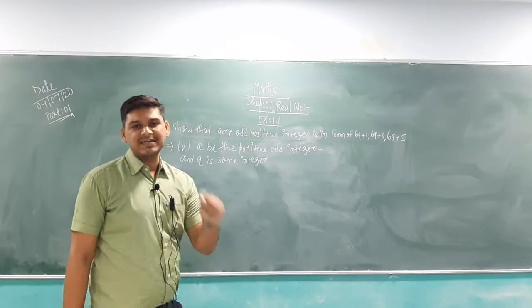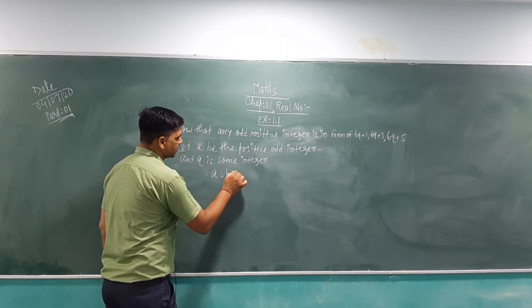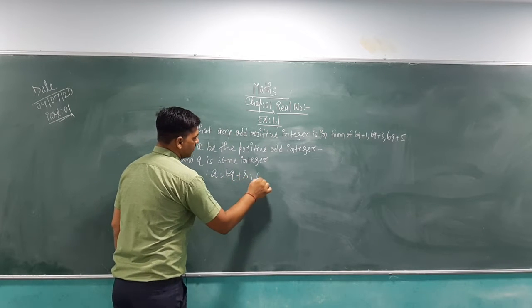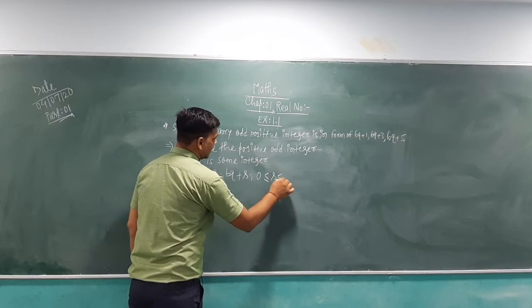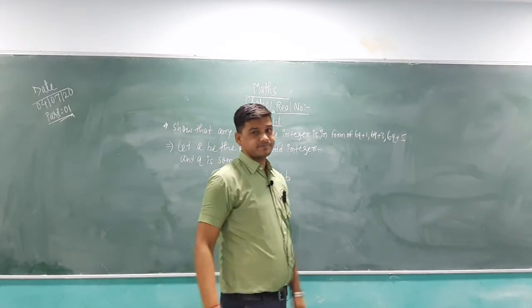What is the standard Euclid's lemma? According to the standard Euclid's lemma, a is equal to bq plus r, where 0 is less than or equal to r, less than b. That is the standard Euclid's division lemma algorithm.